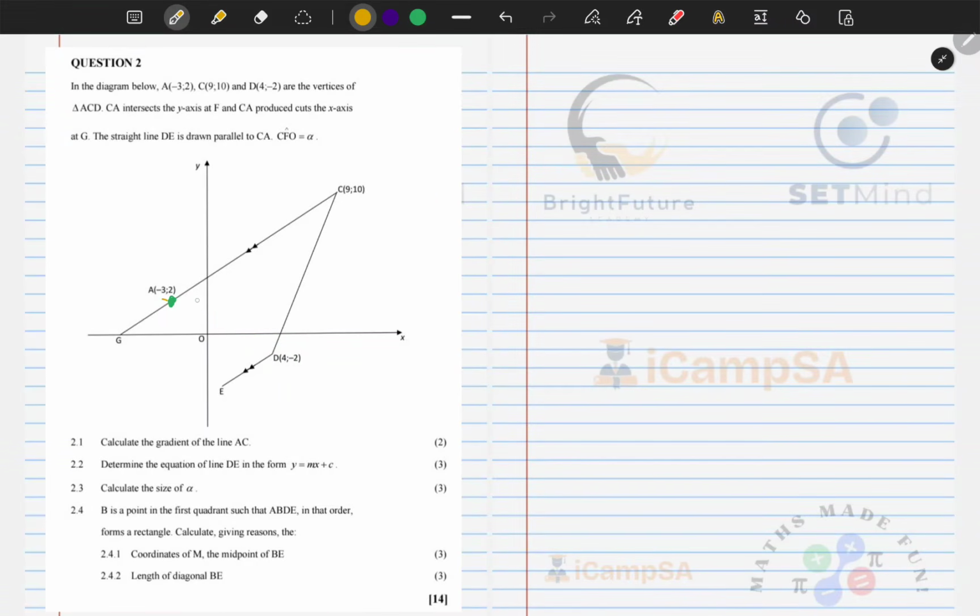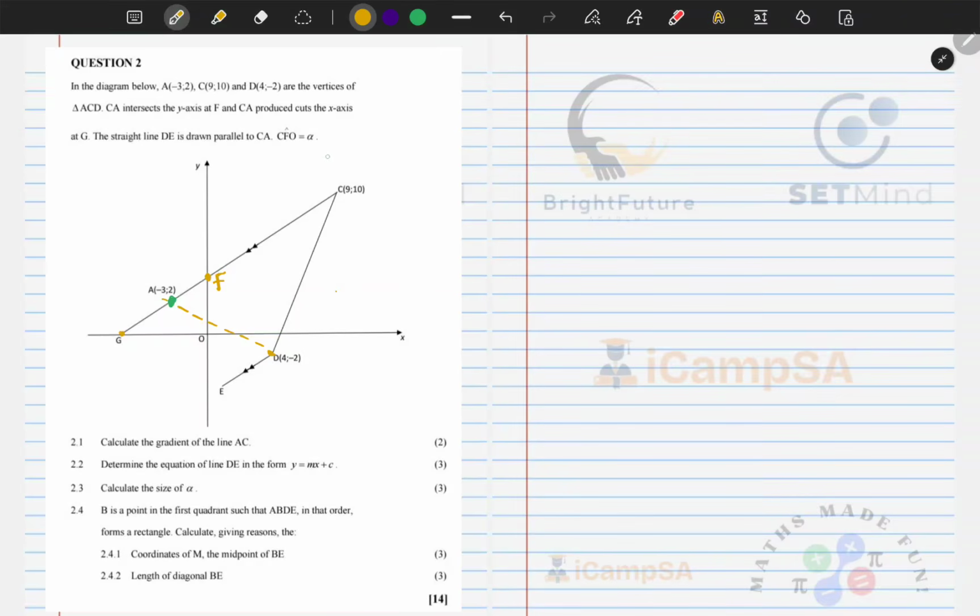So let's just do it neatly. Great. And then CA intersects the y-axis, which is going to be a point here at F, right? So this is going to be point F, and CA cuts the x-axis at G, which we can see here. So straight line DE is drawn parallel to CA, so both CA and DE are parallel, right?